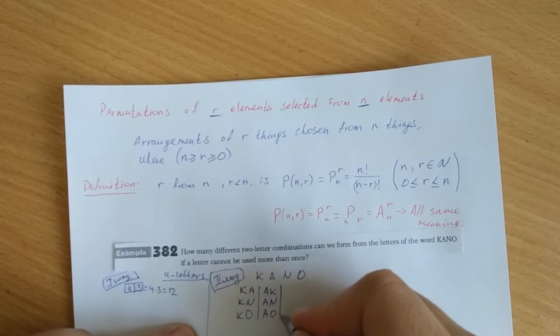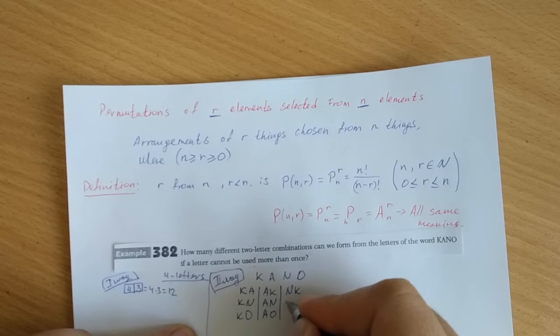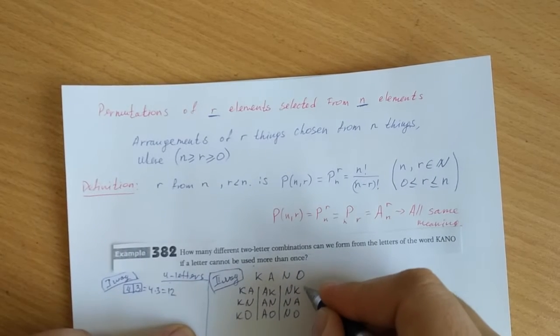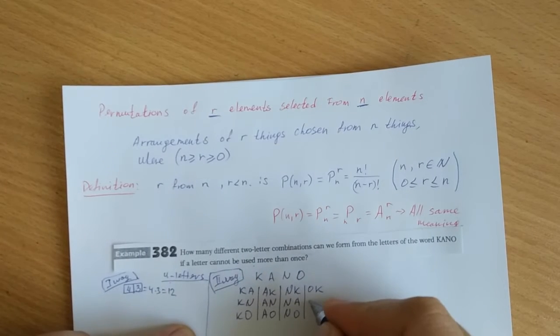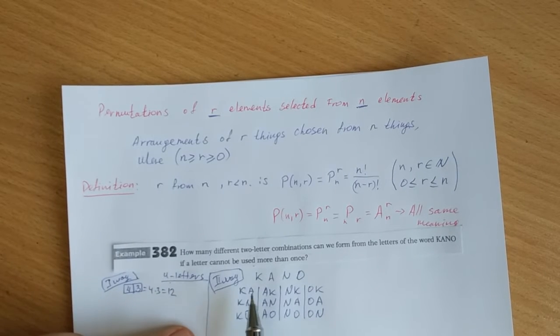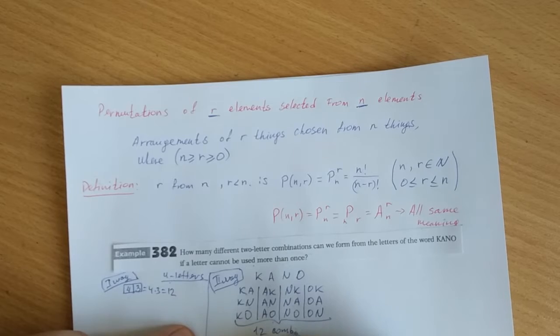You see? Next, let's start with N: NK, NA, NO. And the last one, let's start with O: OK, OA, and ON. You see? How many combinations do we have here? 1, 2, 3, 4, 5, 6, 7, 8, 9, 10, 11, 12. You see? We have 12 combinations here.